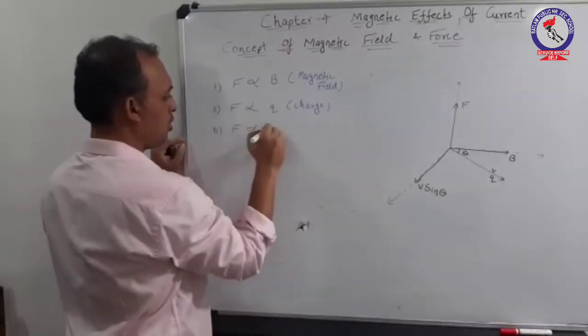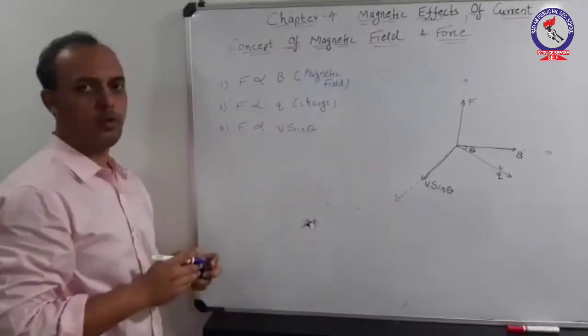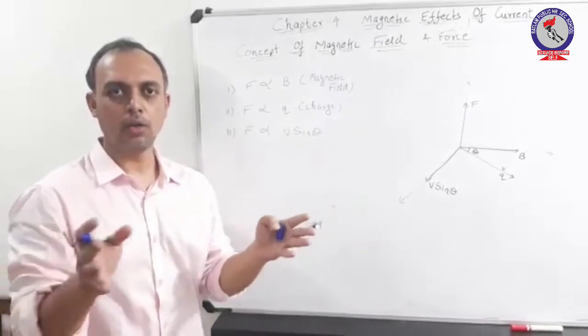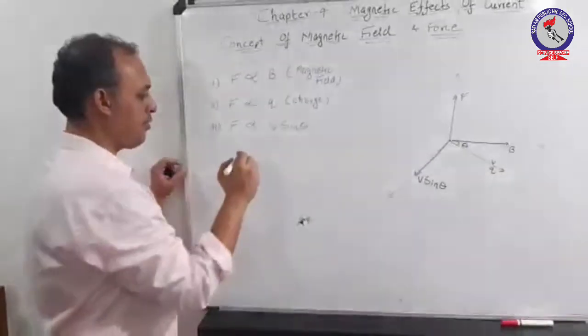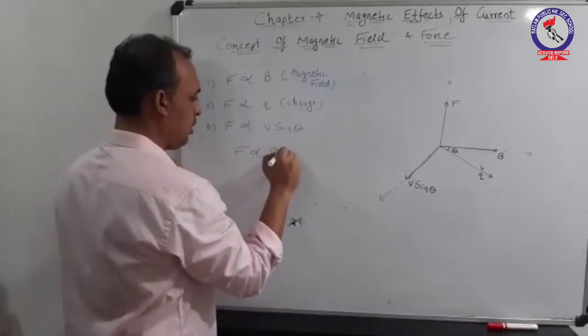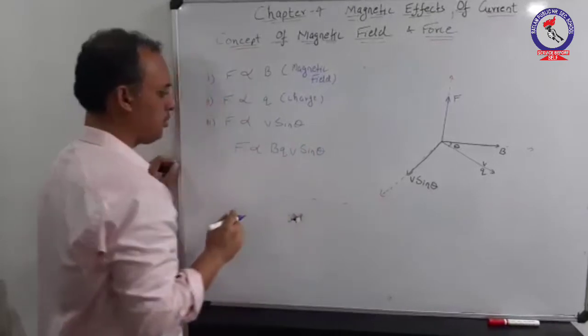This force is directly proportional to the vertical component of velocity, that is the v sin theta. Combining all three parameters, we have F proportional to B q v sin theta.